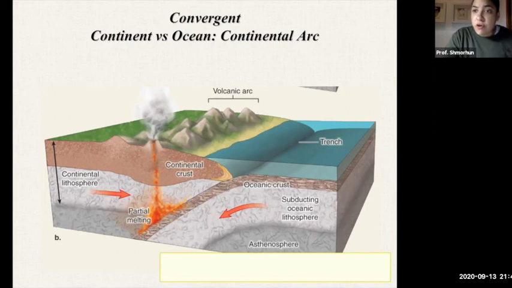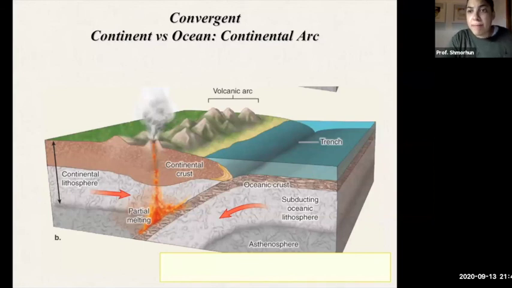In doing so, you can create these volcanic arcs, and that occurs due to partial melting, because you have this oceanic crust that is now very thin and dense and saturated with oceanic water, so it is very much cold, and will now be placed right next to this hot asthenosphere. And so in doing so, you can create some volcanic arcs.